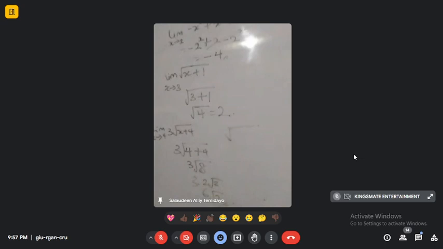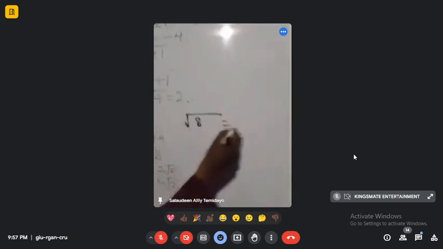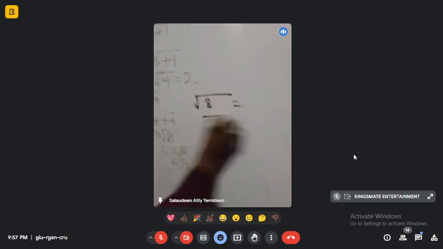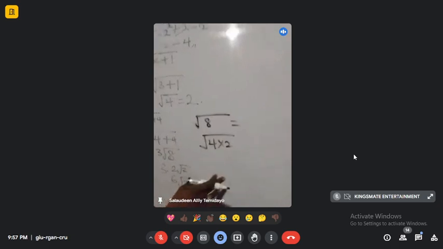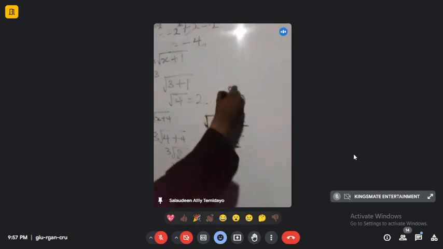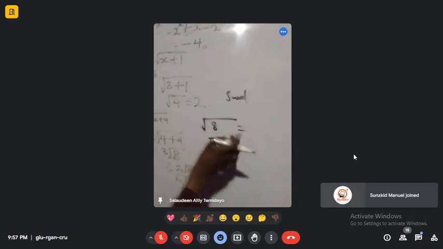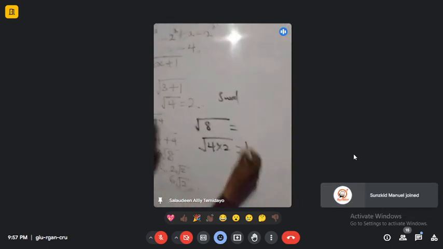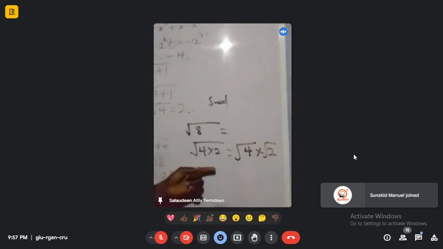I don't understand that 3 root 8, sir. This is root 8. Root 8 equals root 4 times 2. Do you agree with me? This is the law of surds. So root 8 equals root 4 times root 2. Part of the laws of surds, you can split it.